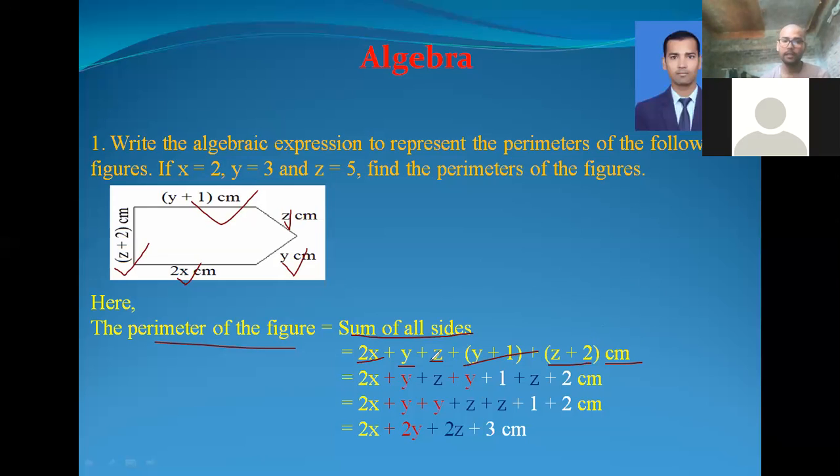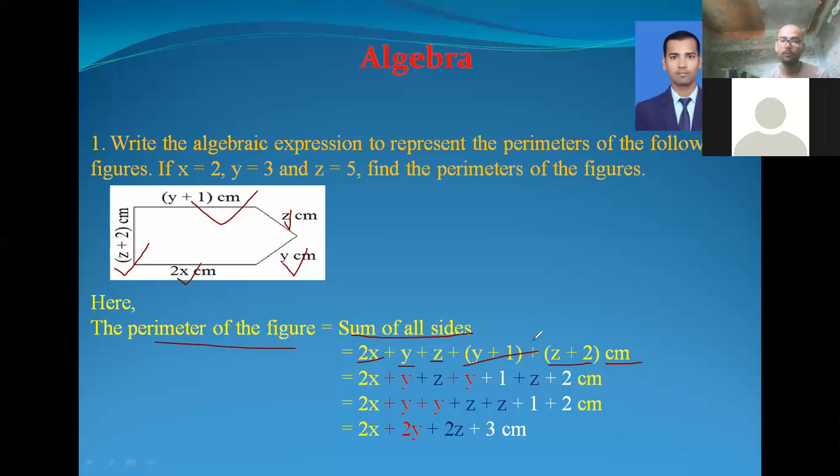So here, after this, we have 2x, and this is y, plus y, plus z, plus y plus 1, sorry, plus 1, then after plus z plus 2.